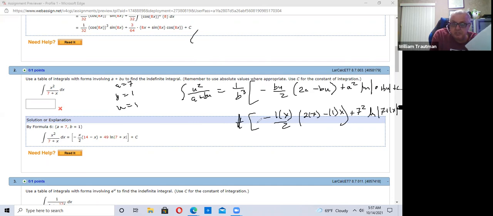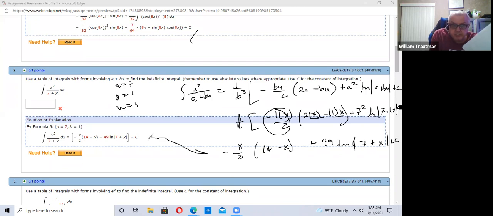So 1 times this, you don't have to distribute the 1. I end up with a negative x over 2, 14 minus x, plus 49, 7 squared, natural log of 7 plus x plus c. And it should be the same.